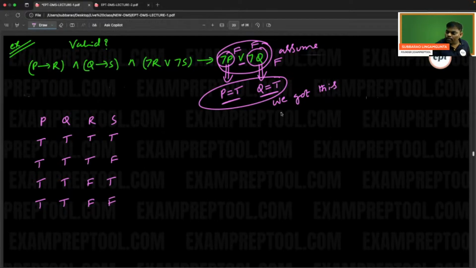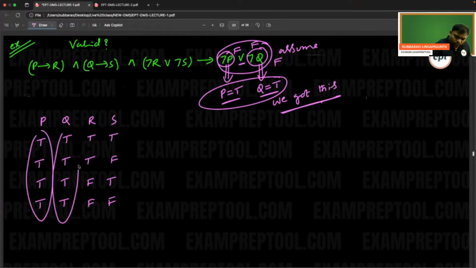So we got this data. On the left hand side, totally 4 people are there, PQ and RS, but 2 are already fixed. We cannot do anything about those, so the only thing is R and S.